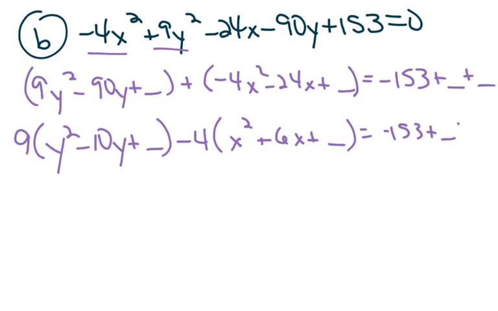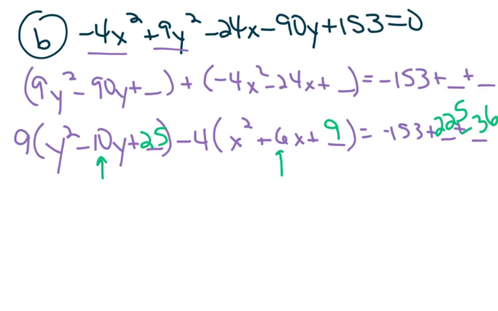The first blank, the middle term divided by 2 squared is 25. The second, the middle term divided by 2 squared is 9. But those aren't the numbers that go on the other side. On the other side, I have to put 9 times 25 and negative 4 times 9, which is negative 36.